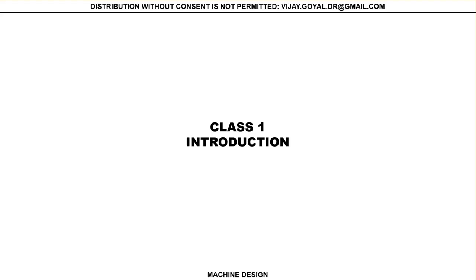So when we talk about machine design, we are talking about many aspects when we are designing something in structures. Let me tell you a couple of things that we have to keep in mind. Let me switch this to my notepad.